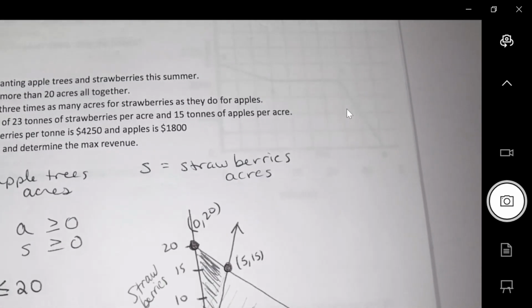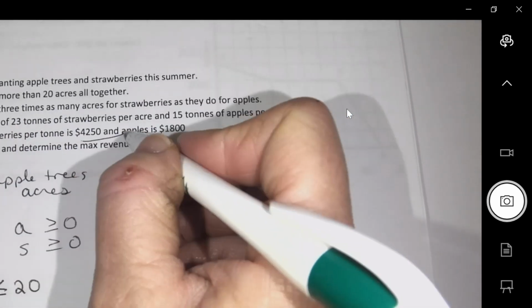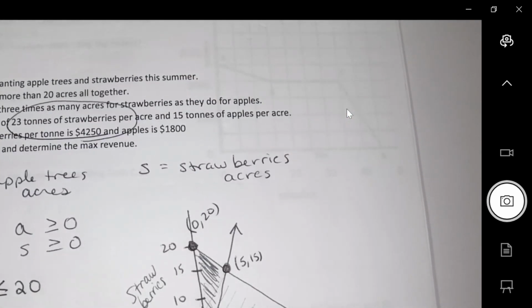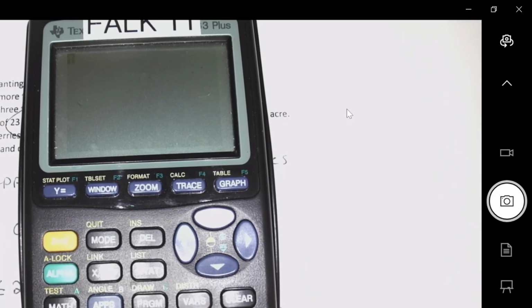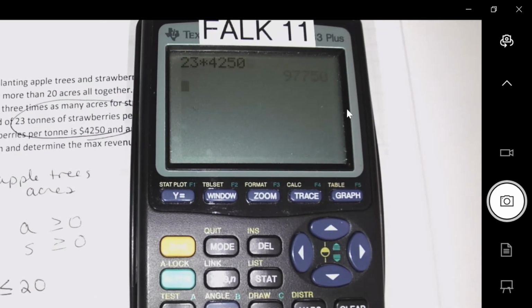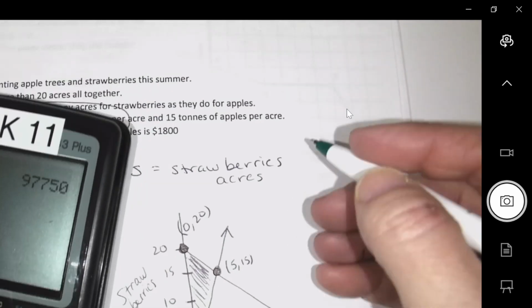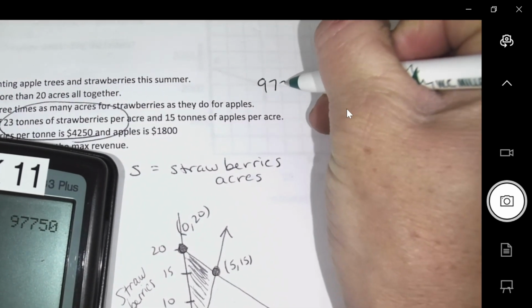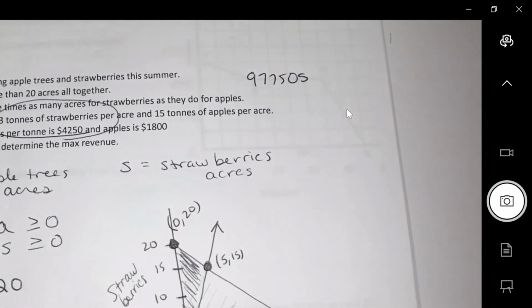Okay, let's do the money now. So we have each strawberry acre is 23 tons, and each ton costs that much. So I'm going to times those. So 23 times 42.50 means 97,750 for each strawberry acre.